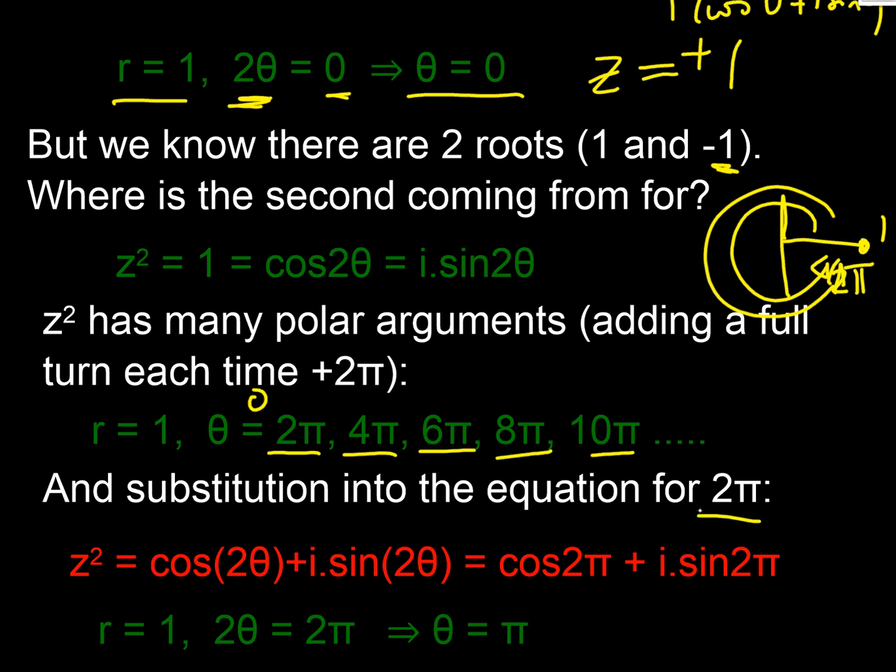Now if we take the 2 pi solution, then we know from our de Moivre that our angle inside our cos is 2 theta, and if we equate that to 2 pi, we know 2 theta equals 2 pi, and therefore theta equals pi.